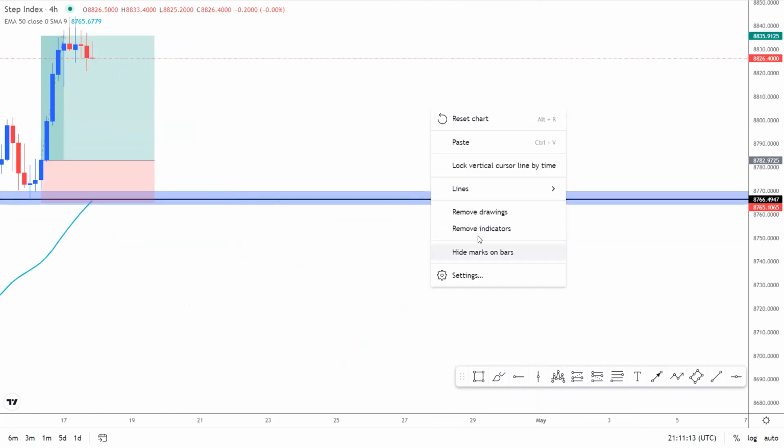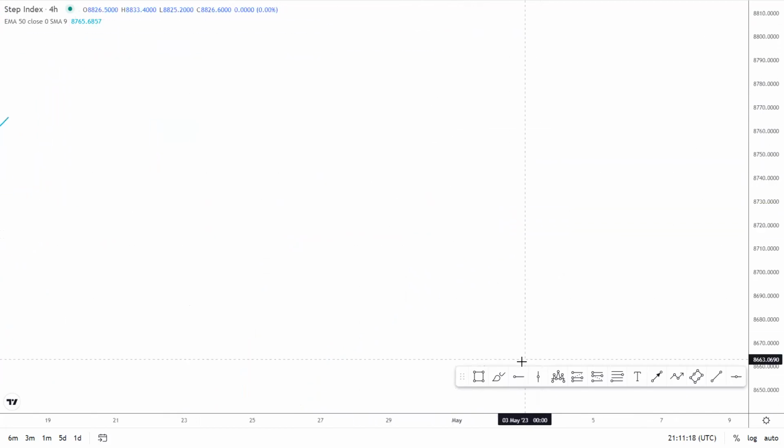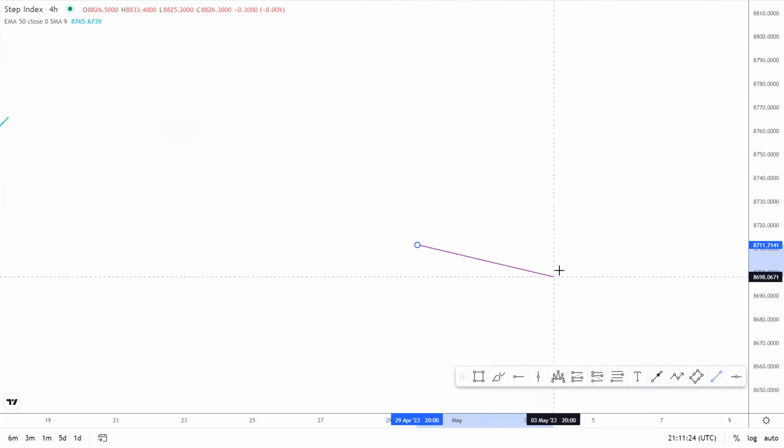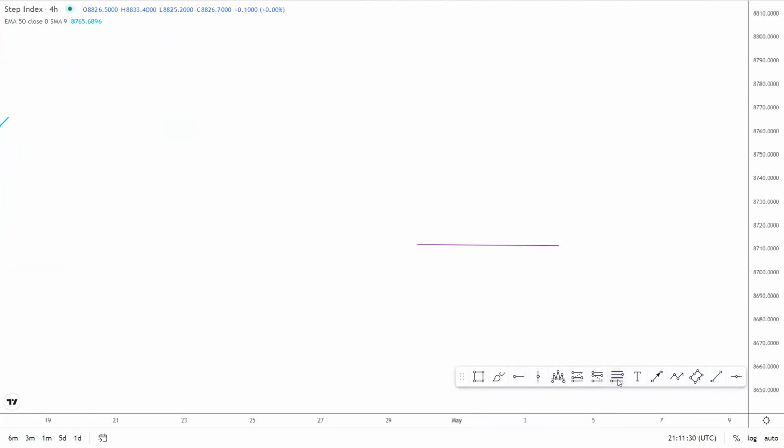Firstly, I'd like to say what makes a key level valid is the fact that it's been tested from the upside, and then price finds support upon testing the key level.